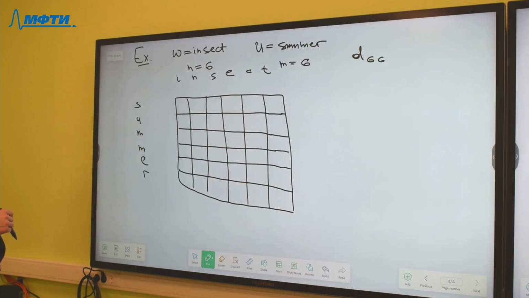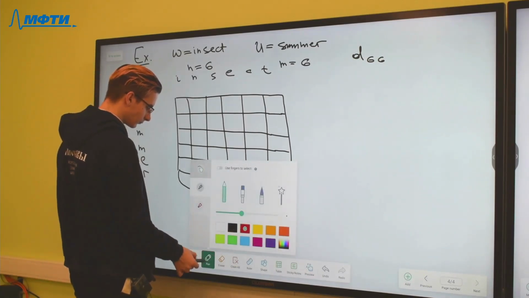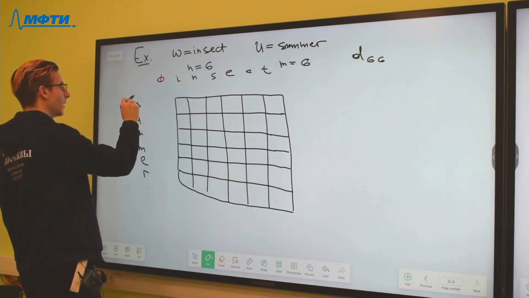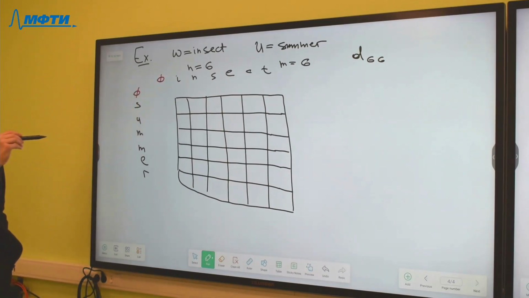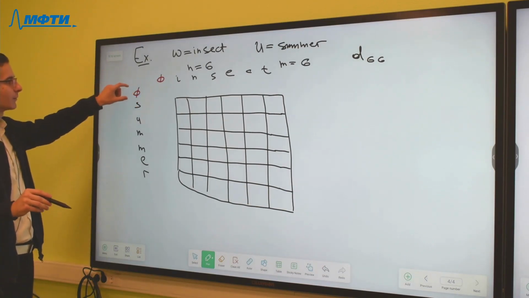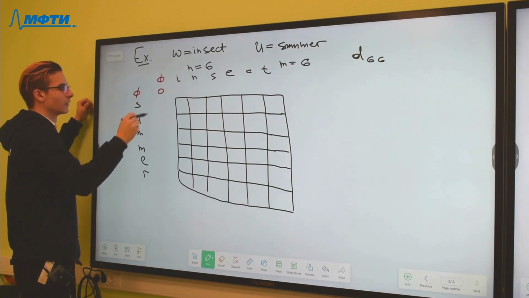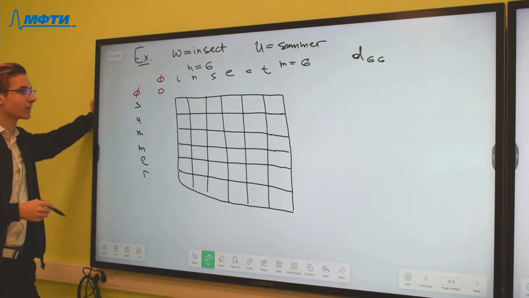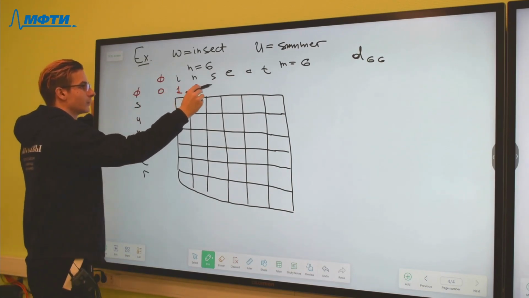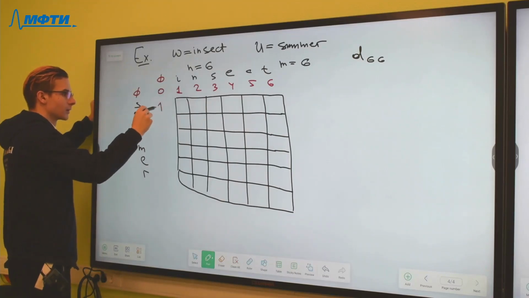So firstly, we can add here empty characters, empty prefixes. And if we have an empty word, we set the distance between them equal to 0. Here 1, 2, 3, 4, 5, 6. Here 2.